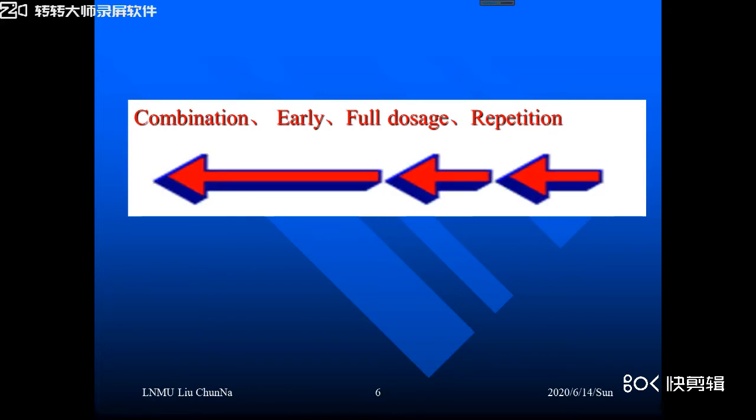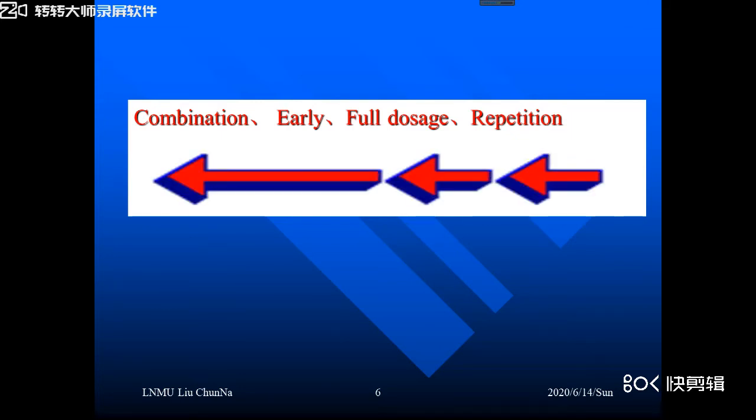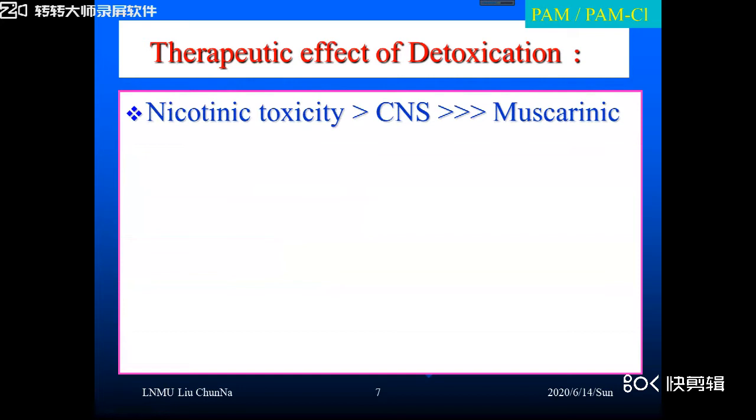And the second principle of how to use atropine is full dose. And the third one, as early as possible, to save the life. And then the fourth principle is combination: atropine combined with an esterase reactivator, combination with PAM chloride. The therapeutic effect of detoxification, that's now in the lab, you should know.